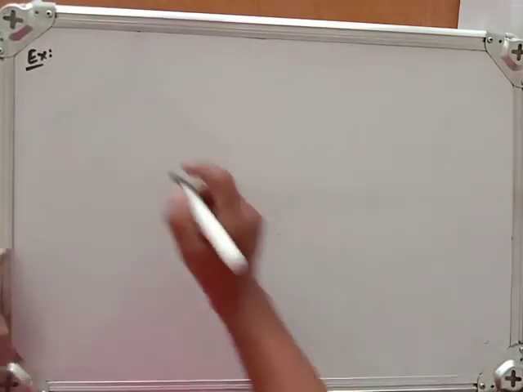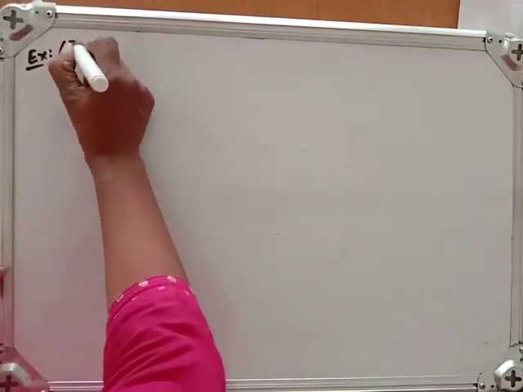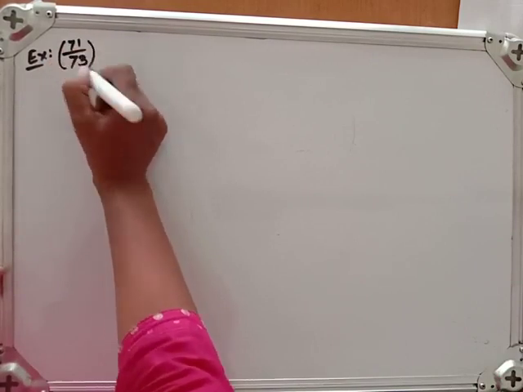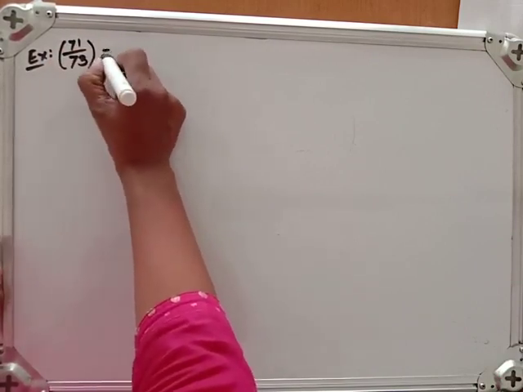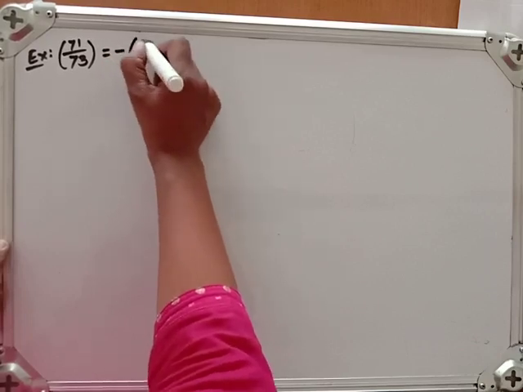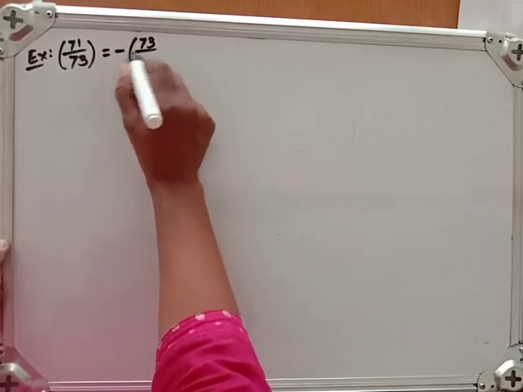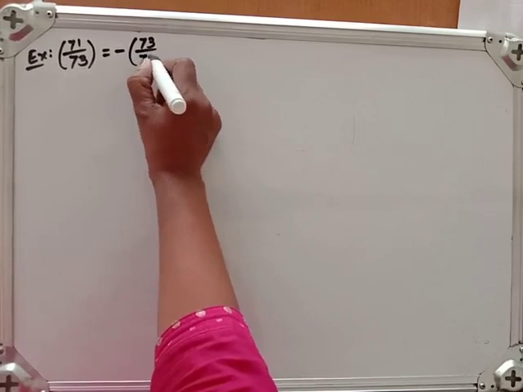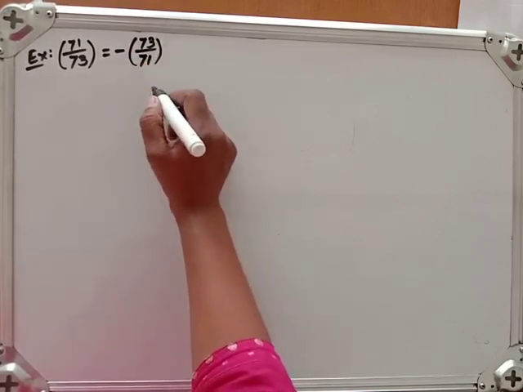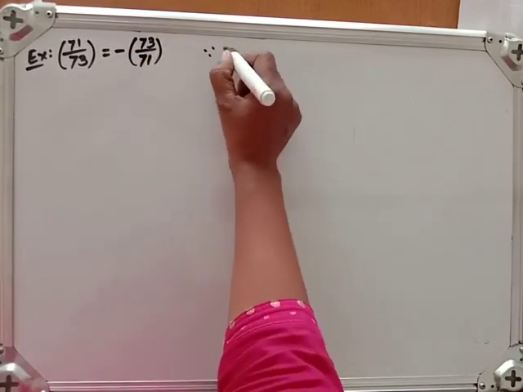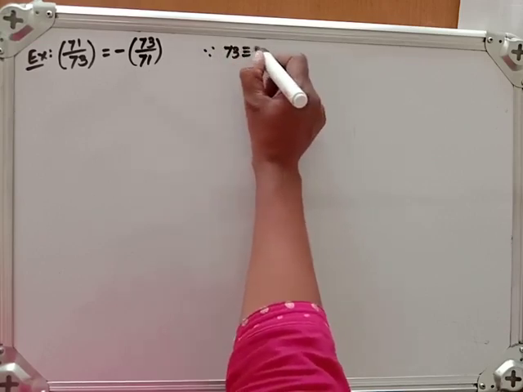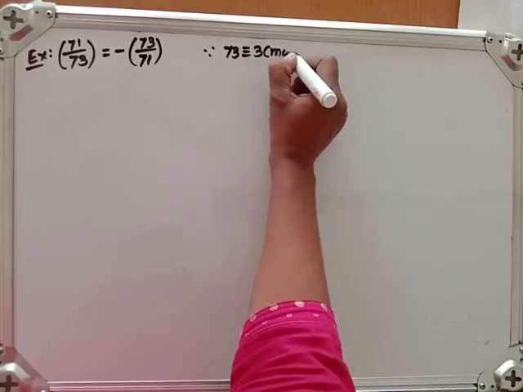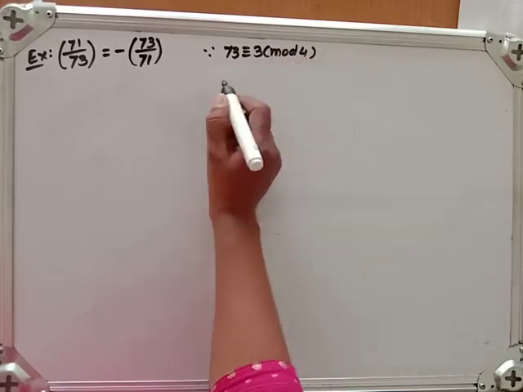Next one. Find the Legendre symbol of 71 by 73. The Legendre symbol of 71 by 73 is minus the Legendre symbol of 73 by 71, since 73 is congruent to 3 modulo 4.